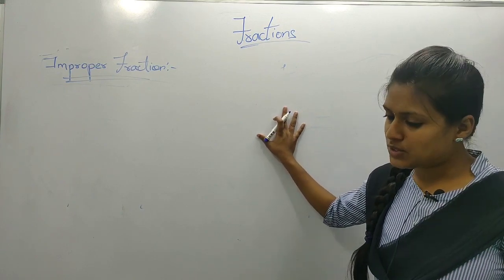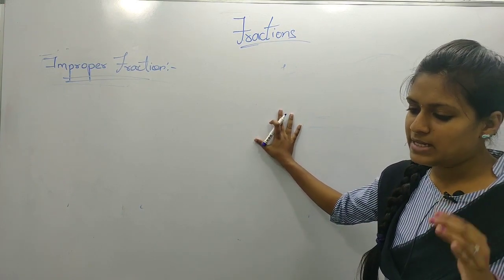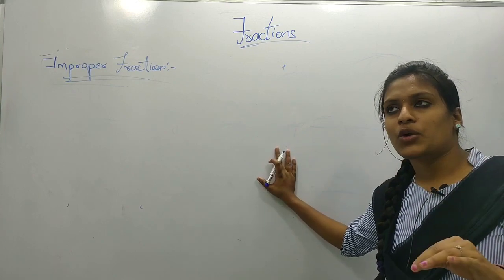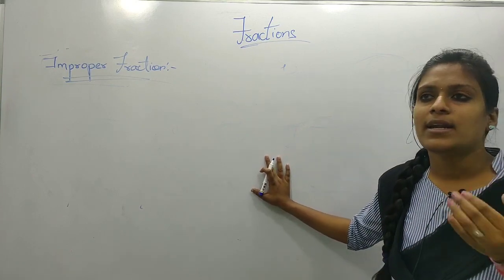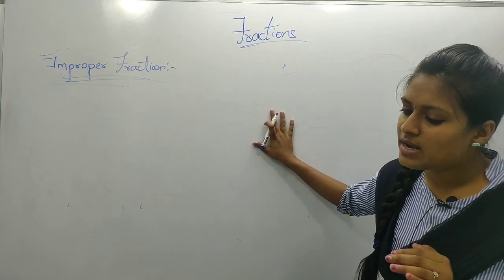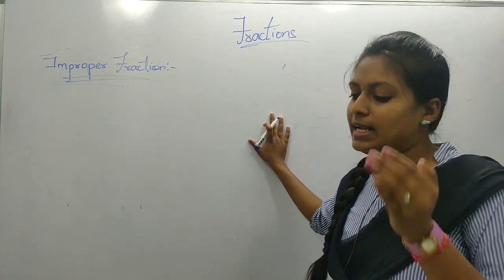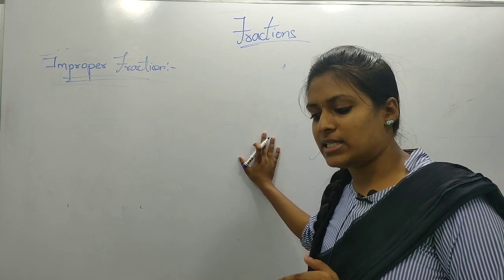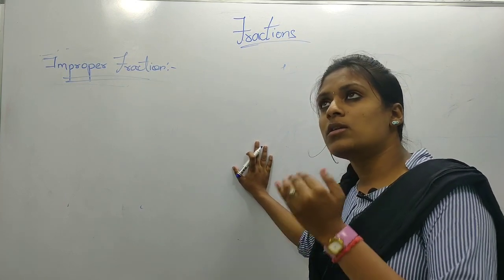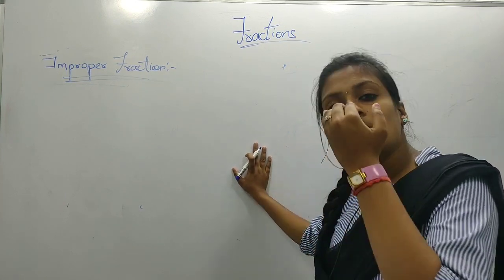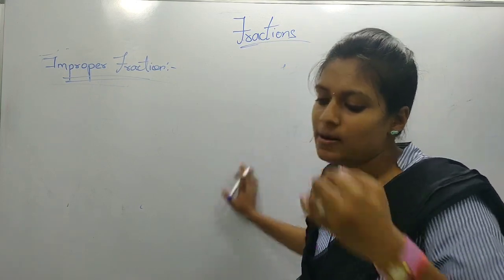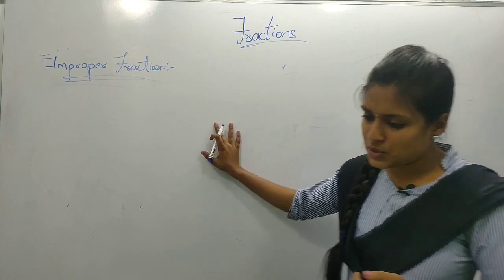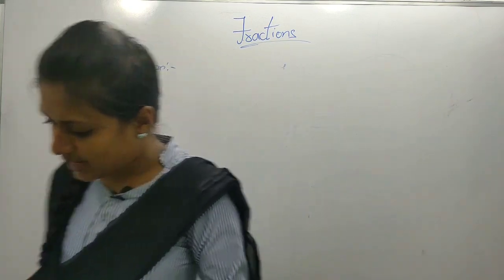In a proper fraction, the numerator must be less than its denominator. But in an improper fraction, the numerator must be greater than its denominator. The denominator must be low and the numerator must be high.